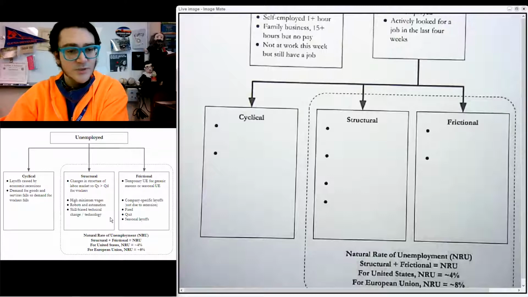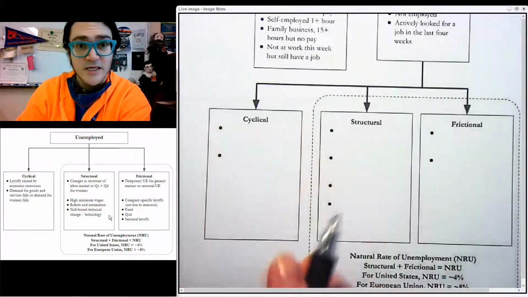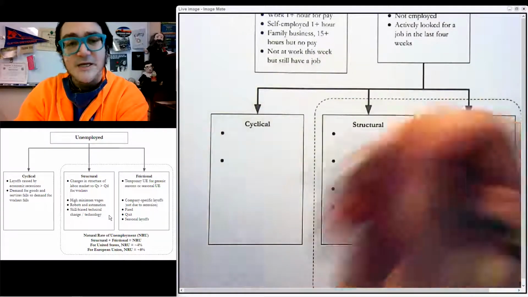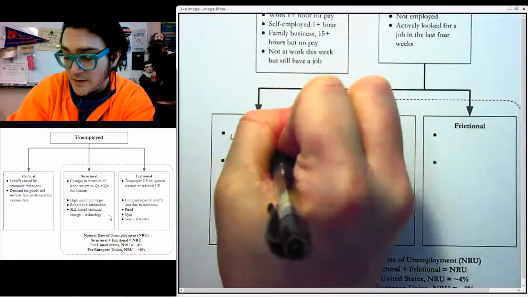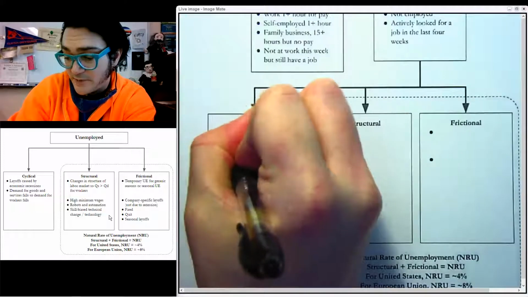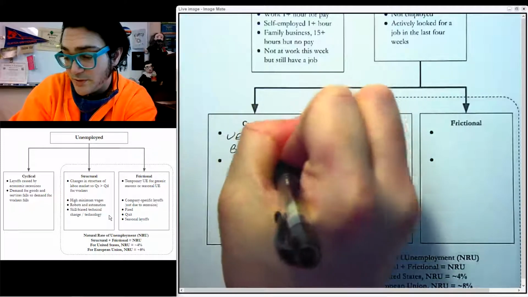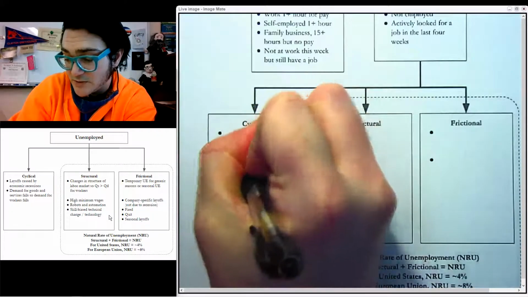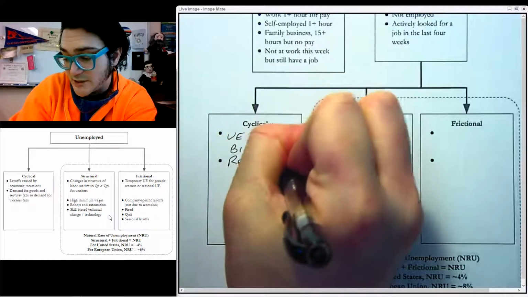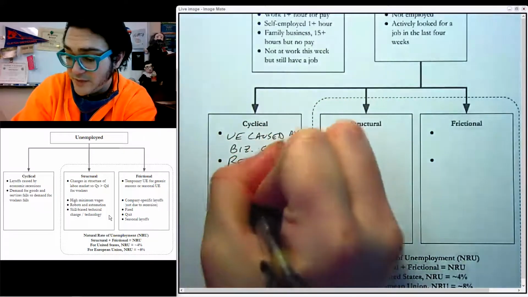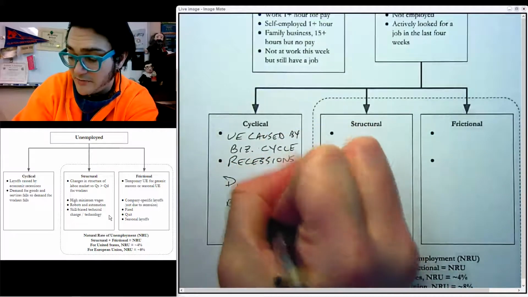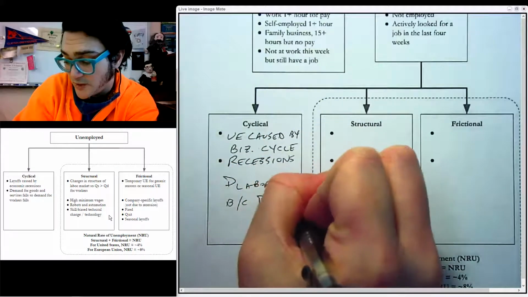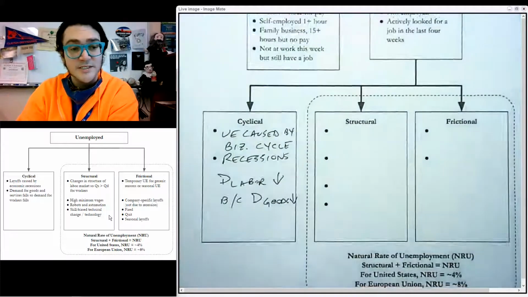I know there's a lot of words here, so I'm just going to summarize what this says. Cyclical unemployment is unemployment caused by the business cycle. This is recessions, and the demand for labor goes down because the demand for goods and services also went down. That goes back to the factor markets that we learned about.